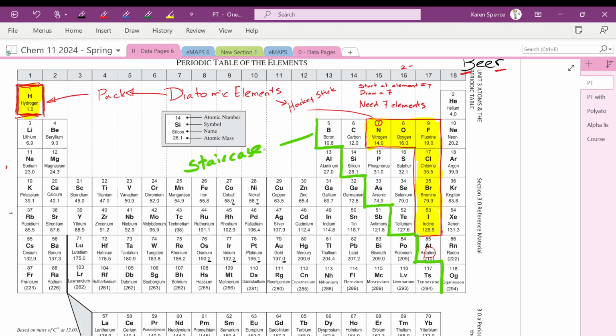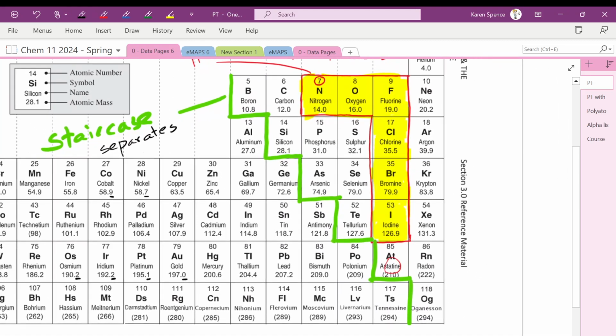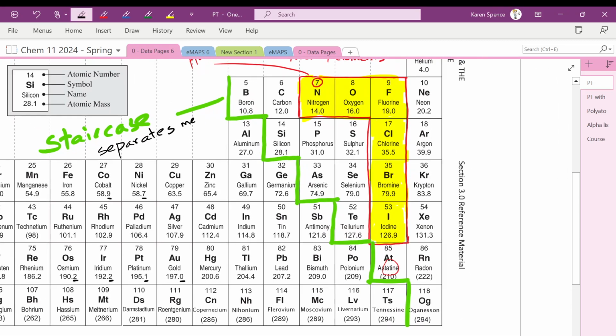It separates the metals from the nonmetals. Okay, so you start at the tippy top corner here, and then you go down and across and down and across and down and across and down and across.